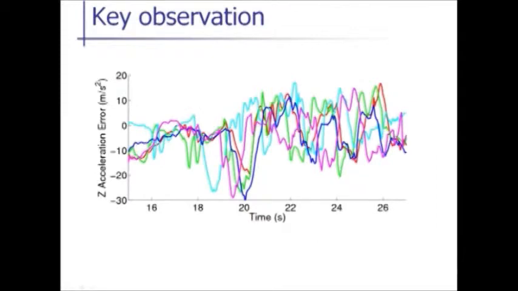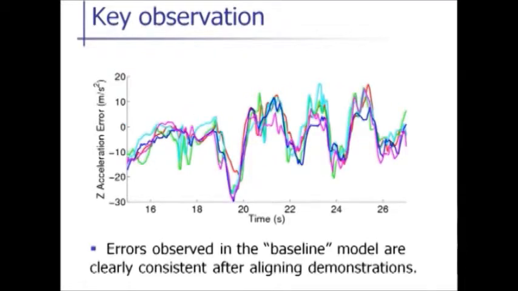There's a key observation that helps us deal with this. Here we've plotted the actual error for a few different flights. And if you look, there's a pattern. Maybe you have a hard time seeing it at this point, but let's see what happens when you align the trajectories using the algorithm I described earlier. Now the pattern is much clearer. There's a lot of consistency in how our model is off for a given type of trajectory.